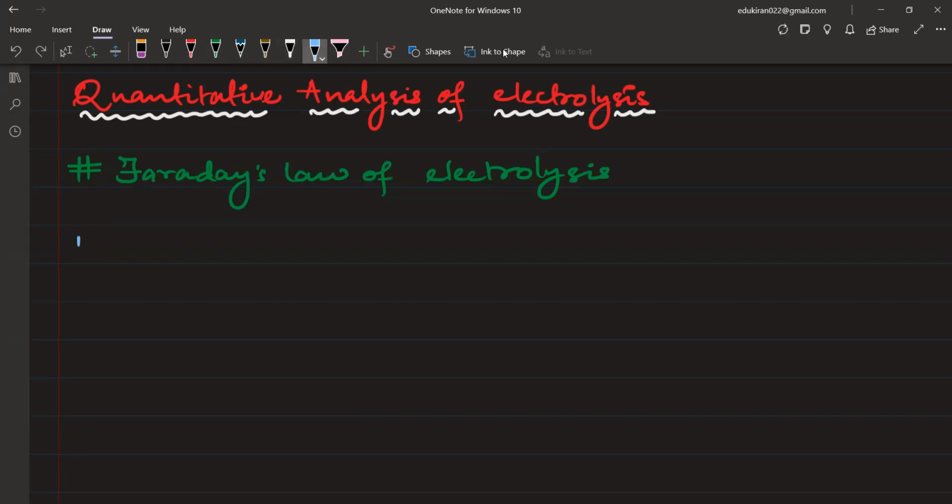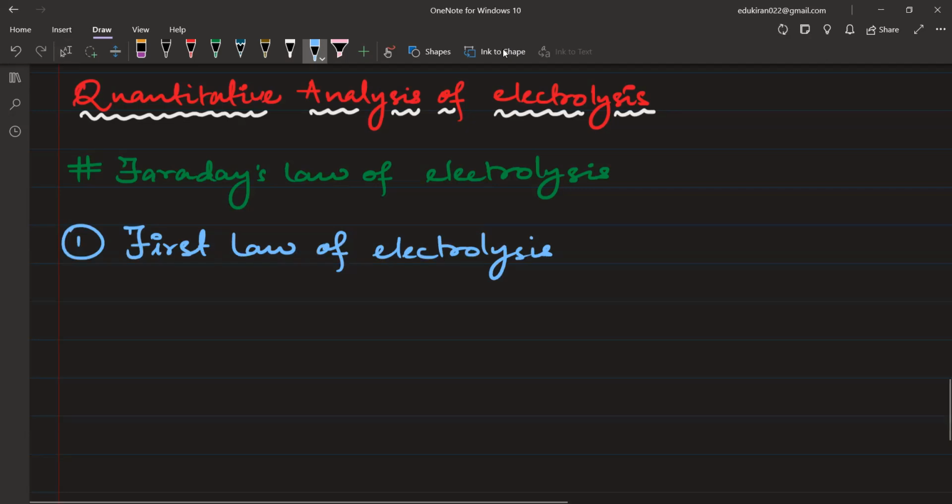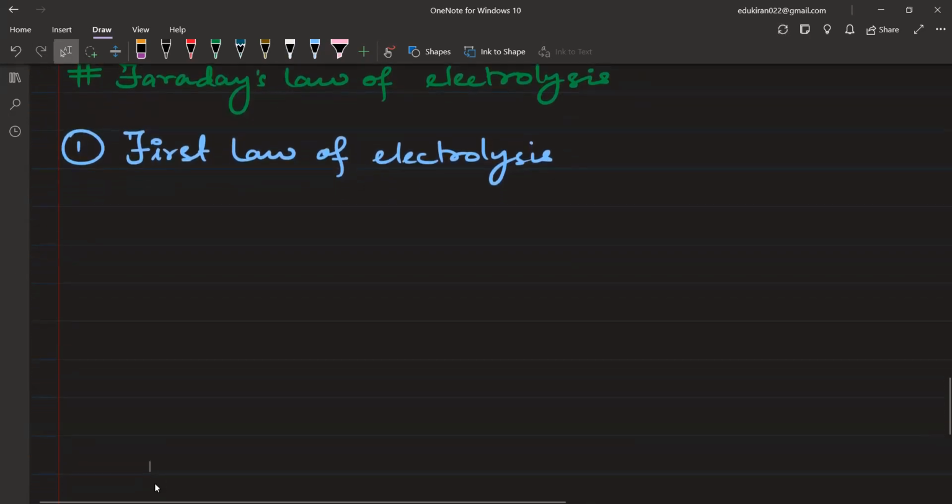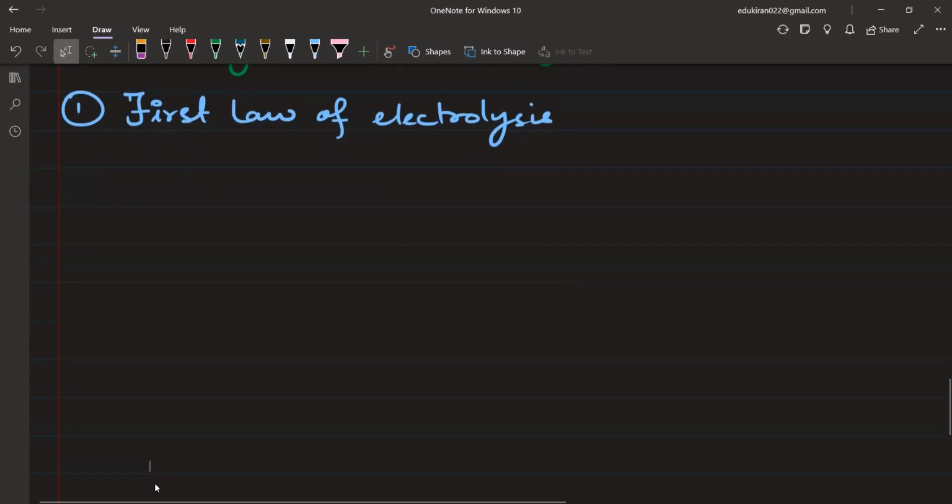He did not come up with any fancy name, just first law for electrolysis. The first law of electrolysis says that, it's very intuitive also. If you are flowing more electricity, if you are having a battery of high power, then more and more mass will be deposited or more gas will be liberated.